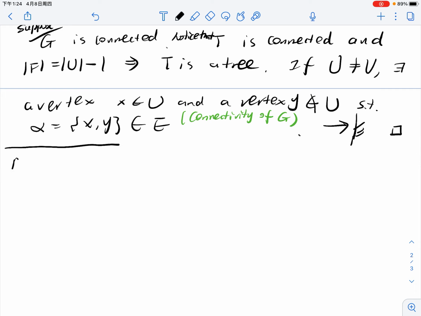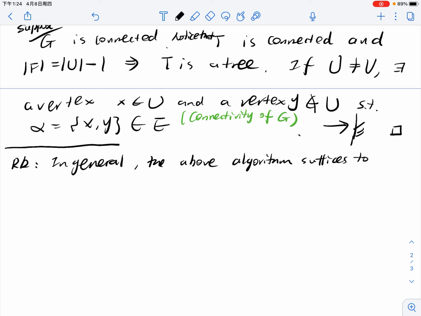Okay, so the remark is, in general, the above algorithm suffices to grow a spanning tree.